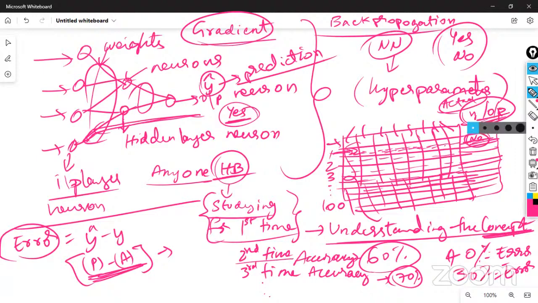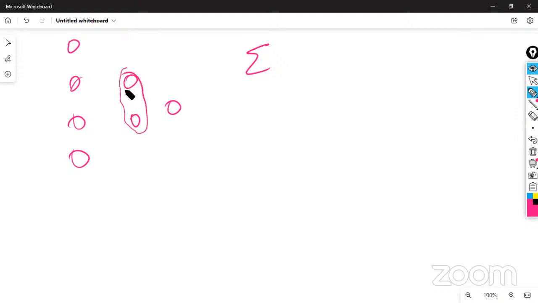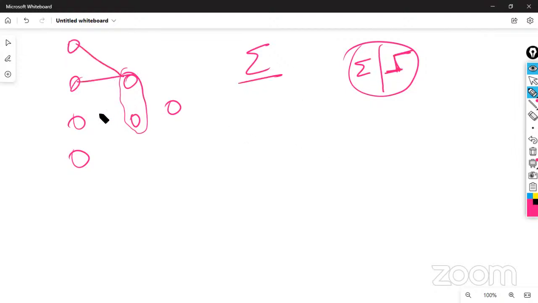So why are we updating these weights? Why are we concentrating on weights? When I write a particular neural network, in the neuron you'll be having two things: one is sigma and one is the activation function. Sigma is collecting all the inputs and their respective weights, W1, W2, W3, W4.